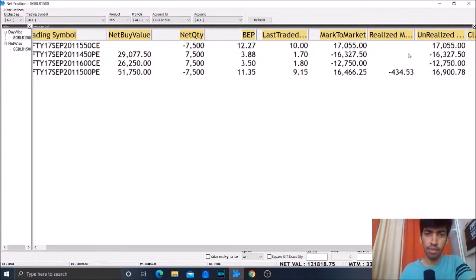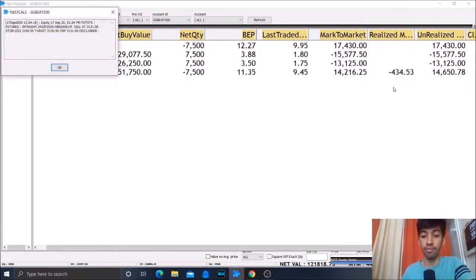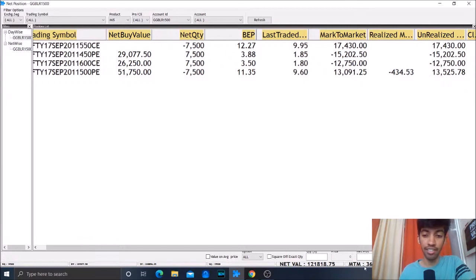So this is the power of time decay, where you don't have to do anything, you just have to wait for the market to trade within the range, and as the market trades within the range, you will end up making quite a good amount of money. From this straddle we have already gained around 30,000, because we were negative 25,000 and now it's around 3,000 positive.